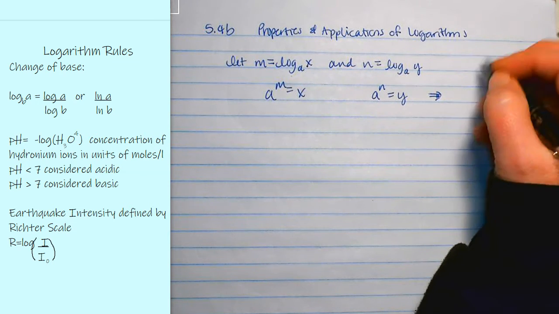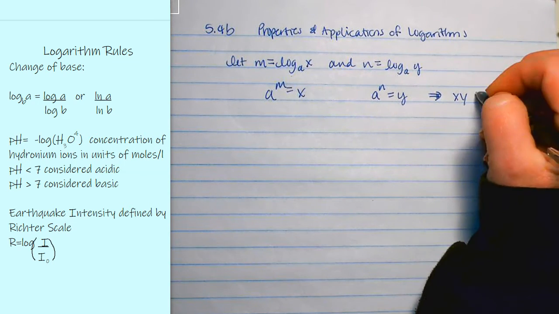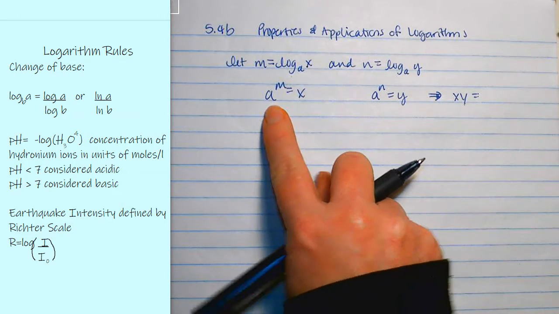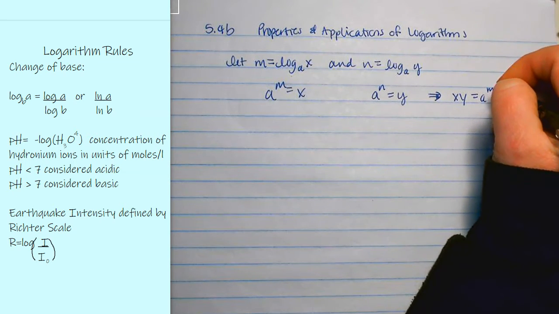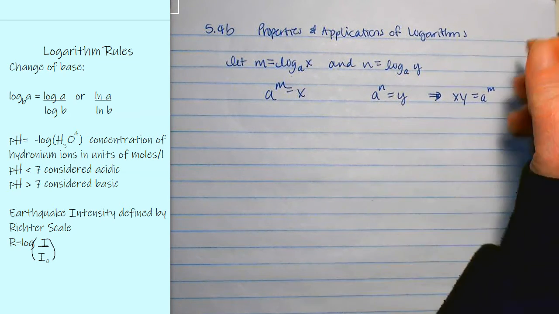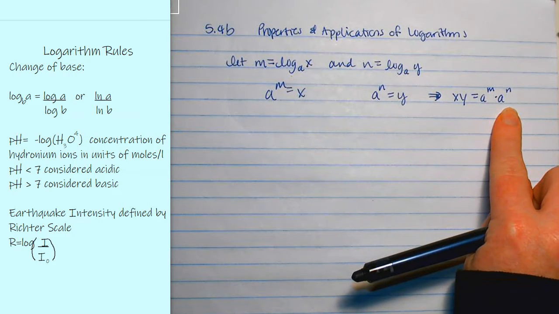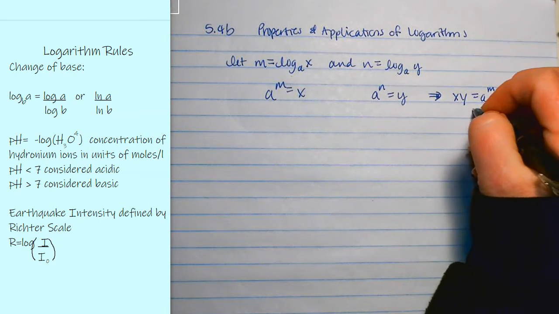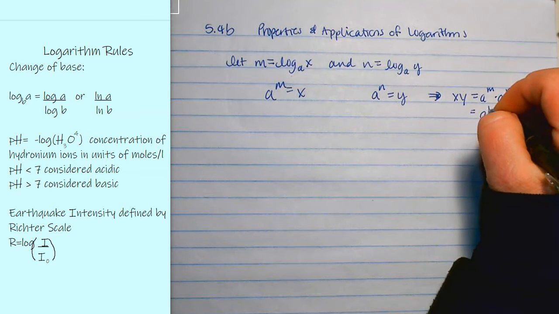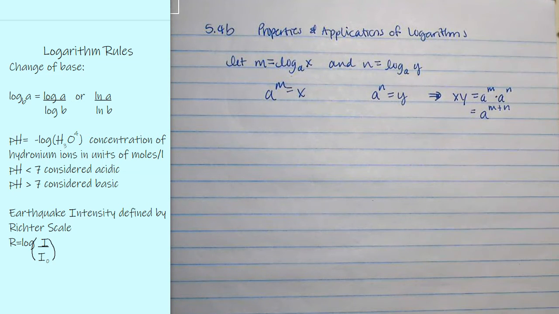Given this information, x times y is equal to a to the m times a to the n. And you can see with exponent rules, since we have the same base, that's equivalent to a to the m plus n. That's one way to write it.